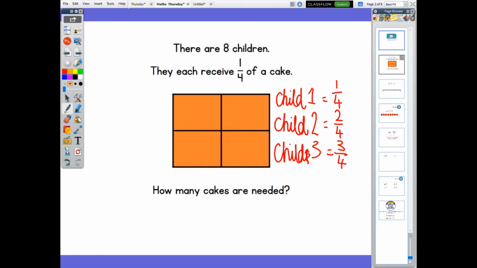However, that takes a little bit of time. So what we can do is take 1/4 and multiply it by 8. Okay, so this is the quarter of the cake, and this is how many parts I need.